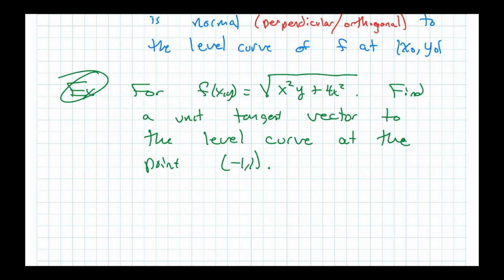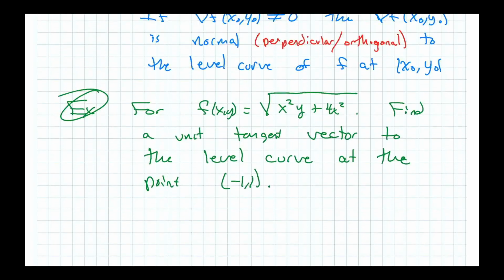Okay, we can do this. We are okay. So we know that it's related to the gradient, specifically as 90 degrees away from the gradient.